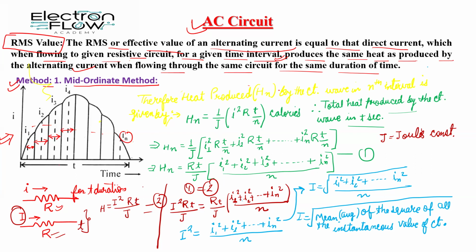RMS here means root mean square. So because of this, the name is formed like this. This is the first method, known as the mid-ordinate method.